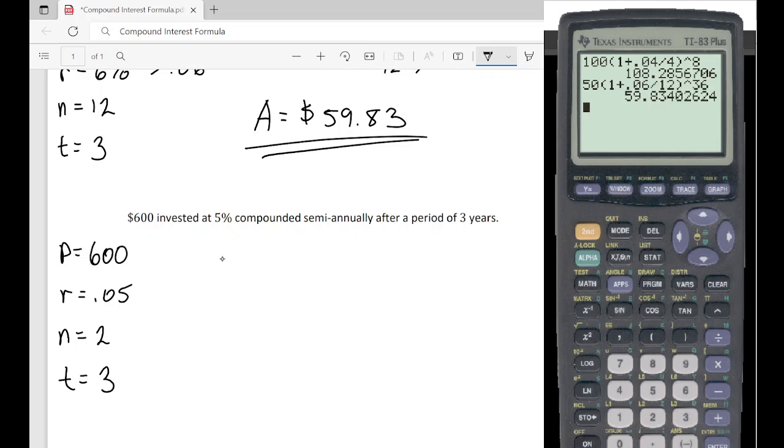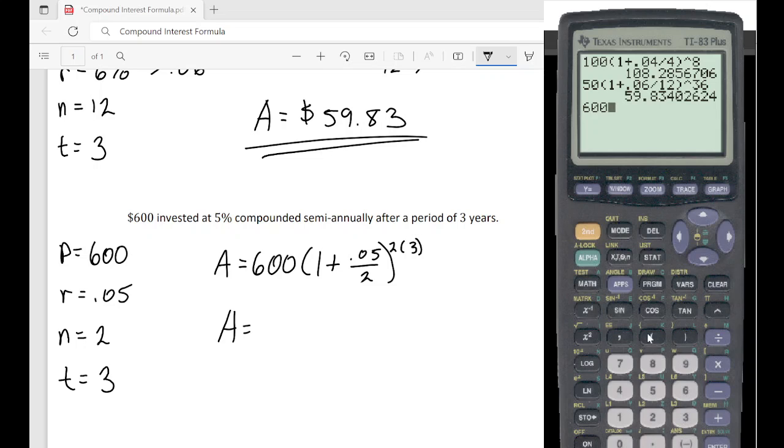So again, plug it all in. The amount is going to be equal to 600 times 1 plus 0.05 divided by 2 raised to the 2 times 3. And once again, we will lean on our calculator to do the heavy lifting for us.